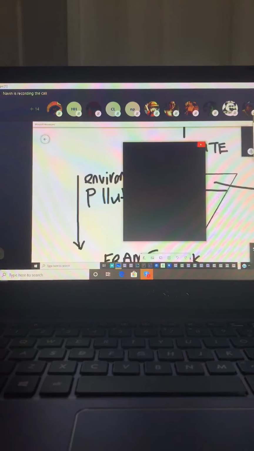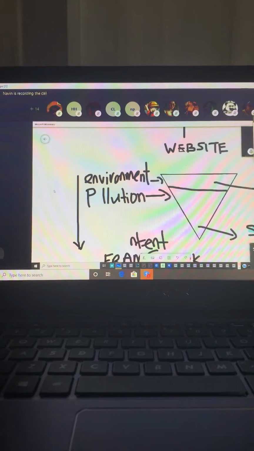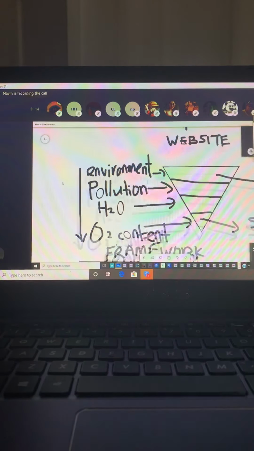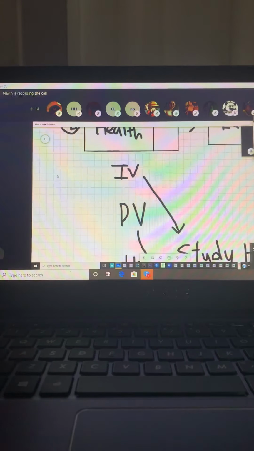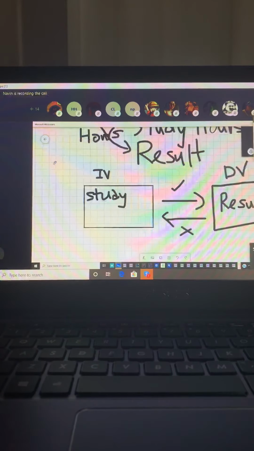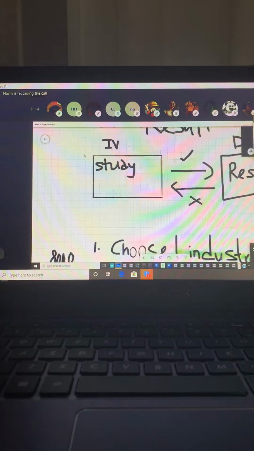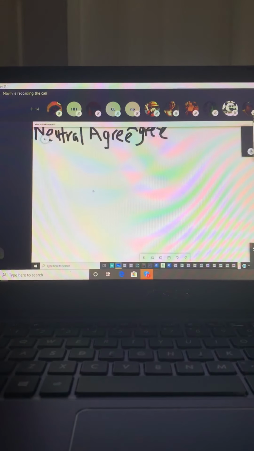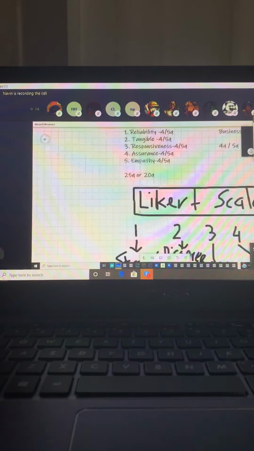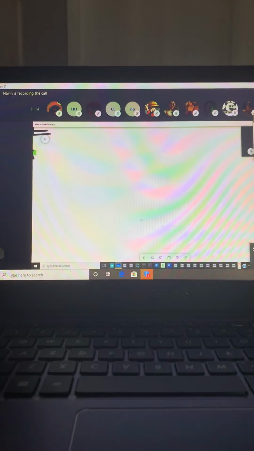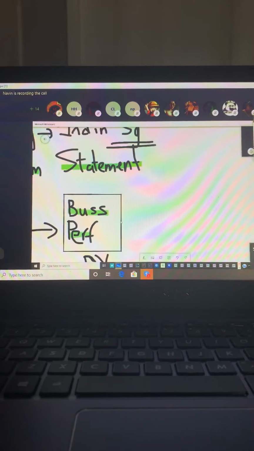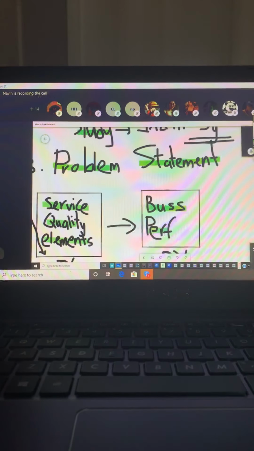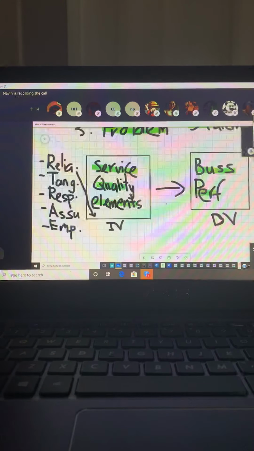I want to show you the framework that we did in last week's class. This is the framework.